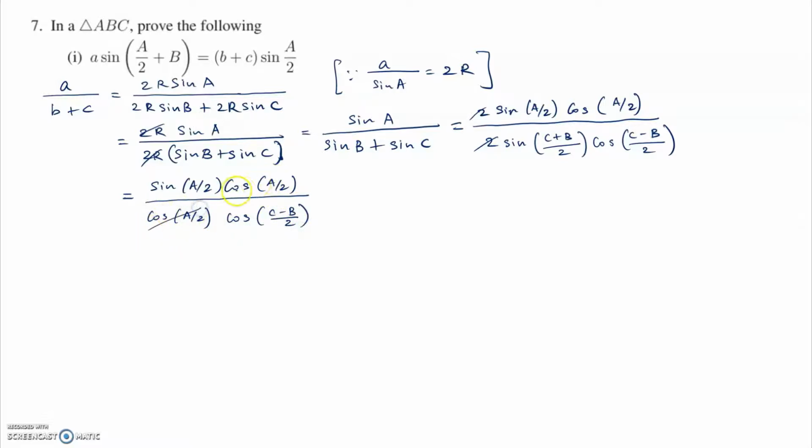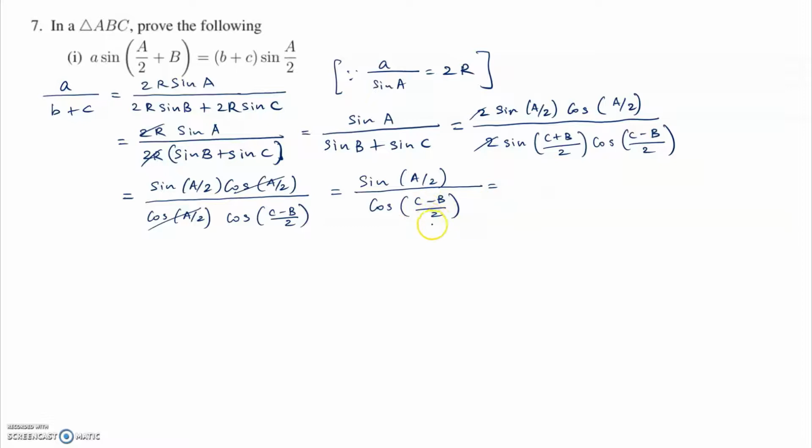So, these two terms will get cancelled. So, now you are left with sin (A/2) divided by cos (C minus B)/2.